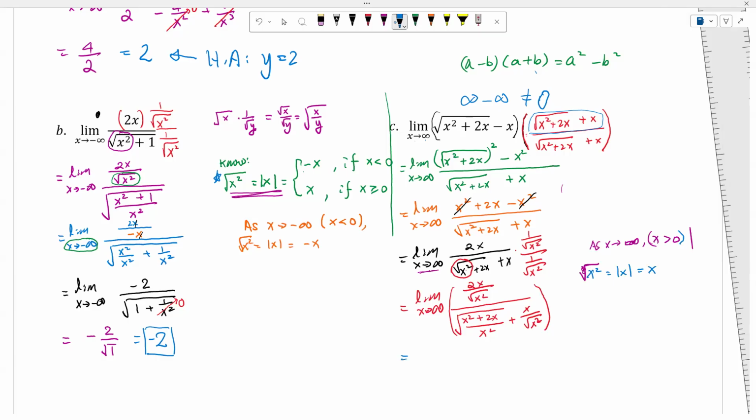And now I have the limit as x goes to infinity of 2x over x, all over, this one would be the square root of 1 plus 2 over x plus x over x.